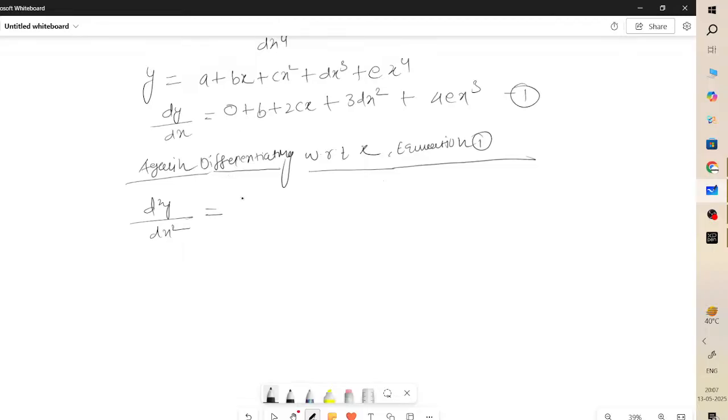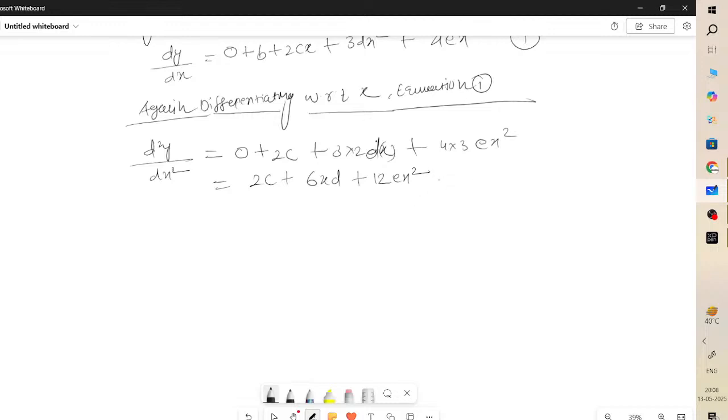Now these are constants and we know differentiation of a constant is 0, and differentiation of 2cx is 2c, differentiation of 3dx square is 3 into 2 dx, and differentiation of 4ex cube is 4 cross 3 ex square. So we get 2c plus 6dx plus 12ex square. Now we name this equation as 2.